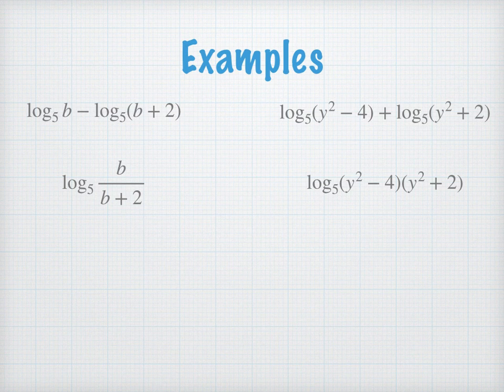If you wanted to, you could FOIL and leave it at log base 5 of y to the 4th minus 2y squared minus 8. Now your homework should accept either this final simplified one or the previous line above.